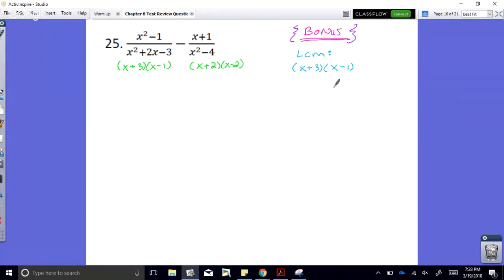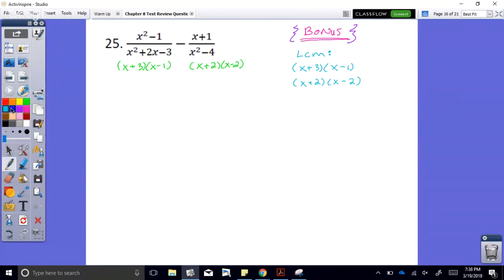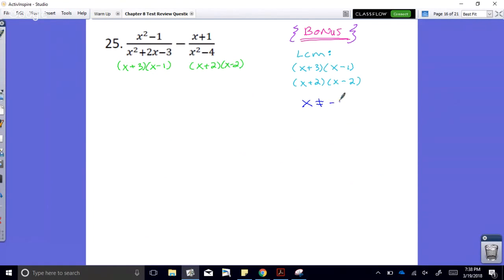We have an x minus 1. We have an x plus 2, and we have an x minus 2. LCM helps us find the restrictions, so x cannot be negative 3, 1, negative 2, or 2.